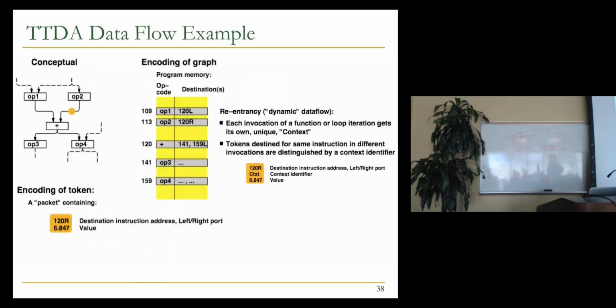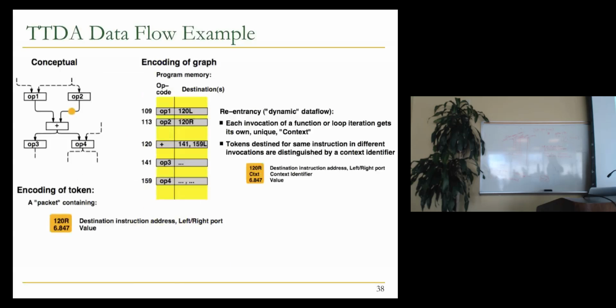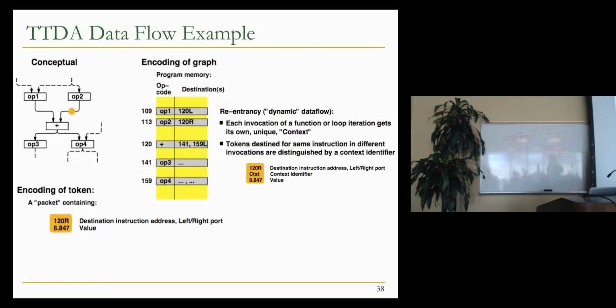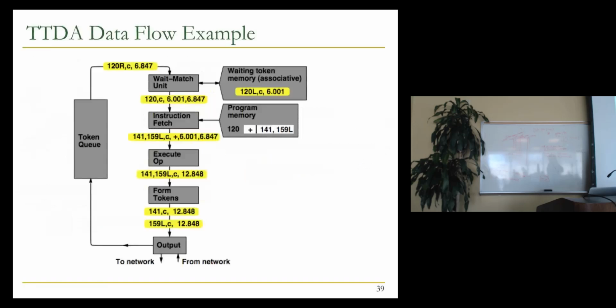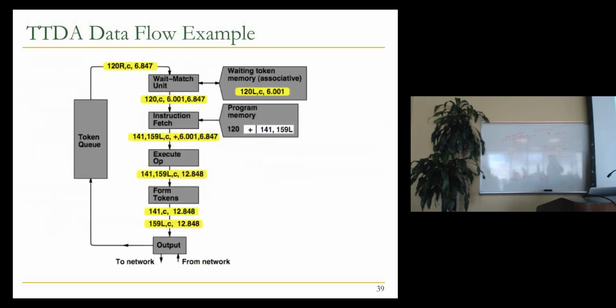Let's take a look at the execution of the instruction at 120. Basically, let's assume that you have one of the tokens for this instruction, the left input, ready, and let's assume that op2 has executed and generated its token. So it generates a token that's destined to 120R because its destination is 120R. That's the token that's generated. Assume the context is matched, and this is the value.